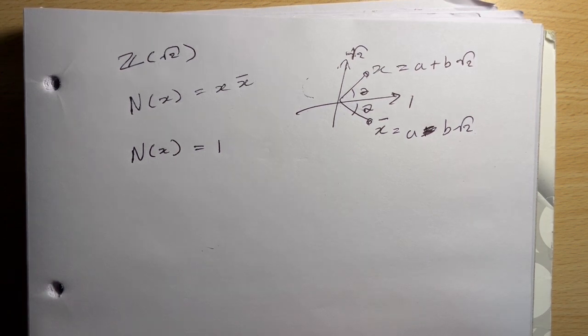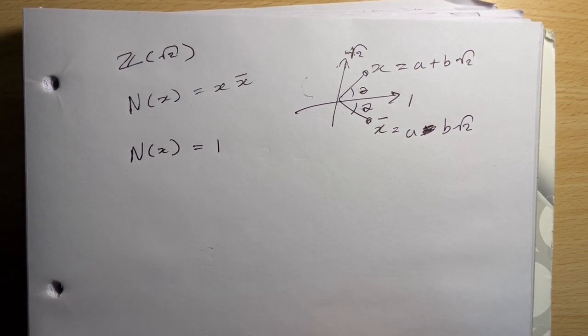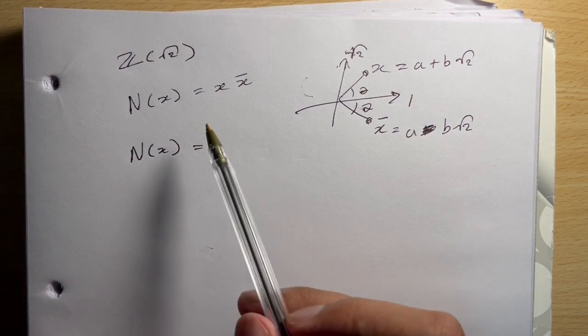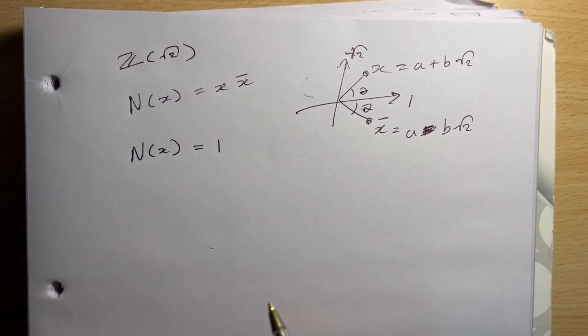So really, we've changed the Pell equation, which was about finding pairs of numbers with some property, into finding all the elements of this vector space that have norm 1.